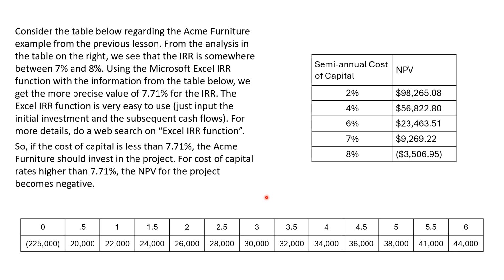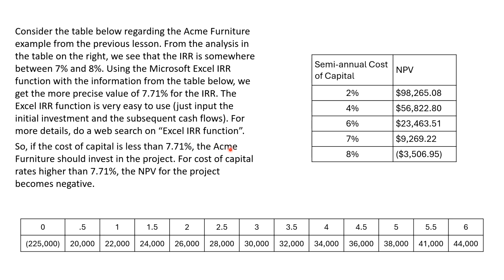Okay, so pretty easy. It's just sort of an increment in the analysis above what we had done earlier. We were kind of just eyeballing where the break-even point, the crossover point was, and now we have this additional capability where we can pinpoint it.